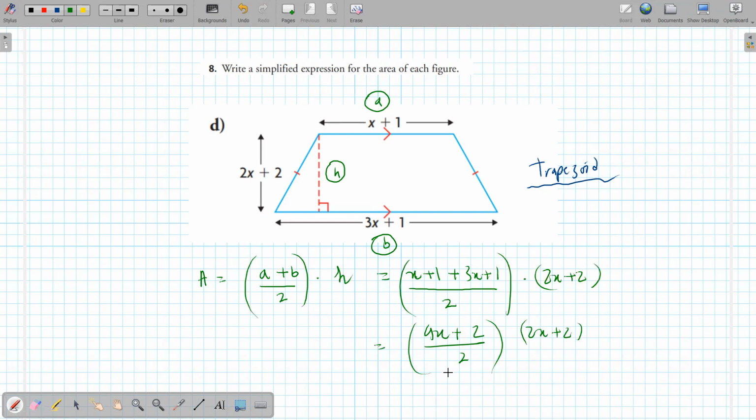You can think of it as 4x over 2 plus 2 over 2, because this denominator, you can distribute it. What is 4x divided by 2?